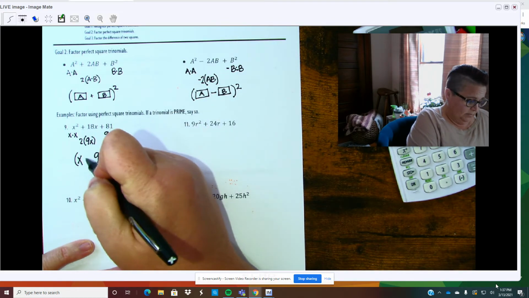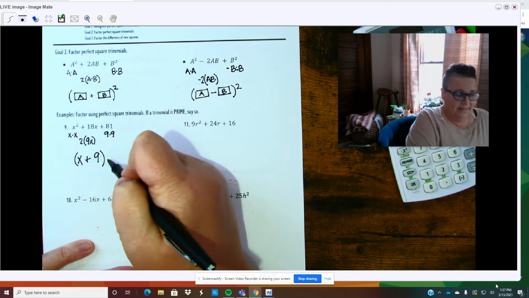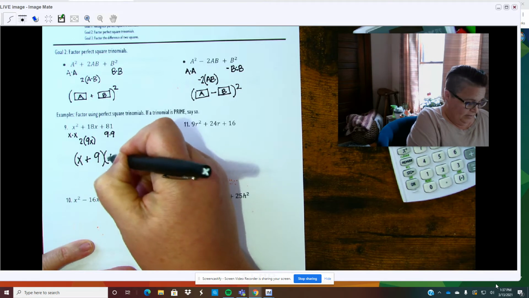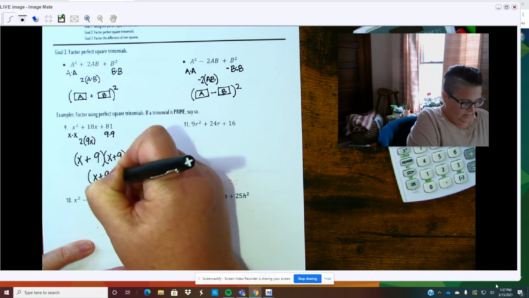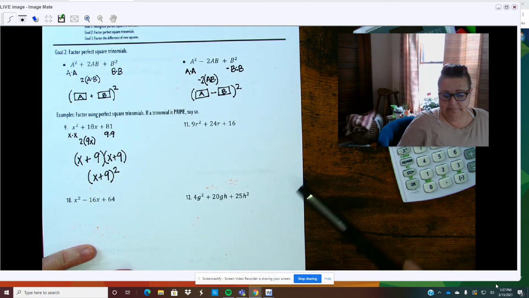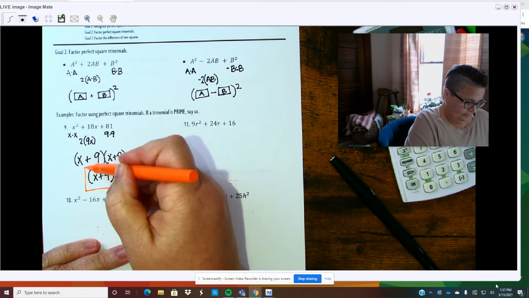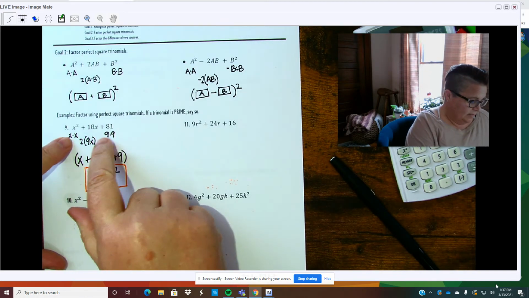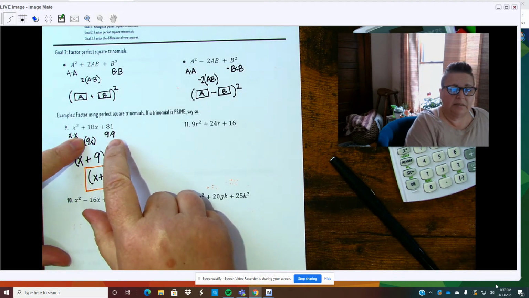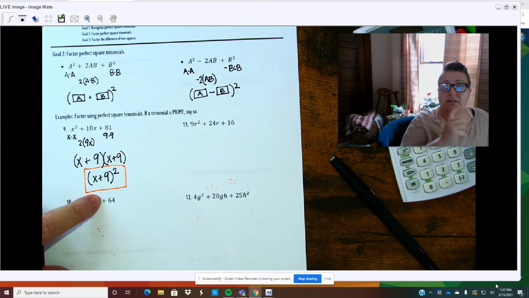And since it's plus, I'm going to use the plus. So this will be x plus 9. Technically times another x plus 9, which is x plus 9 squared. Right? That's what the squared means. It's twice. So I use an x plus a 9 from the first and an x plus a 9 from the second, x plus 9, or x plus 9 squared.